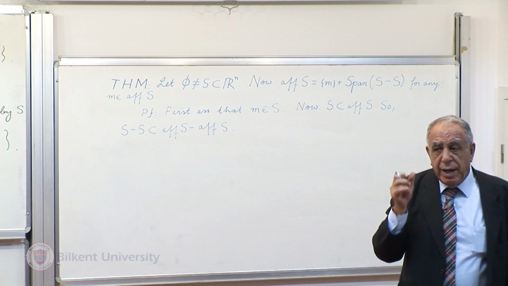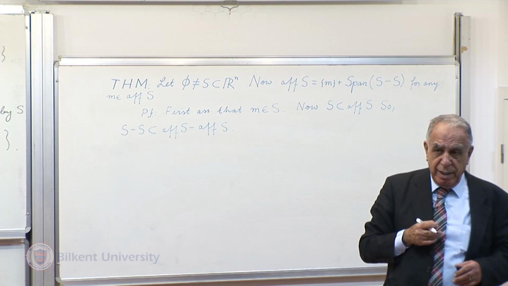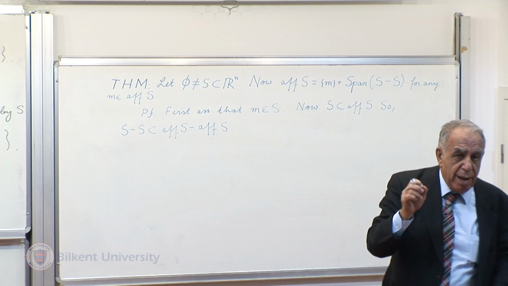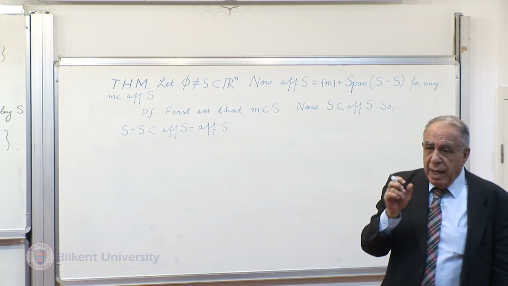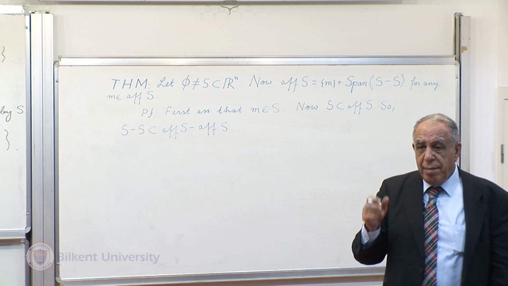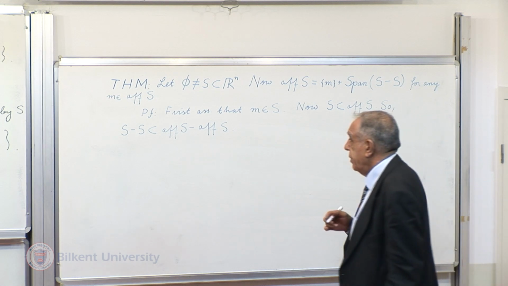We know that affine hull of S is an affine subspace of Rn, but whenever M is an affine subspace of Rn, then M minus M is a subspace of Rn.